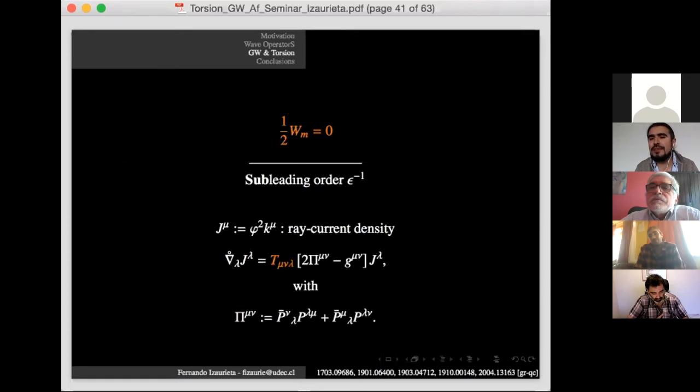Actually, the problem here is the following. People have studied gravitational waves in theories with a non-vanishing torsion. The problem is that they just make a perturbation of the field equations, and they just study how they propagate.